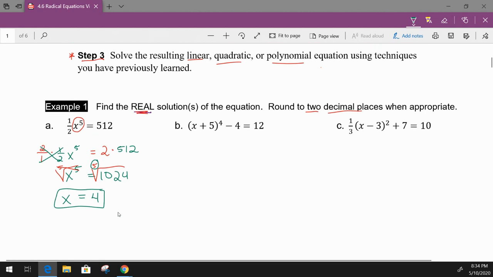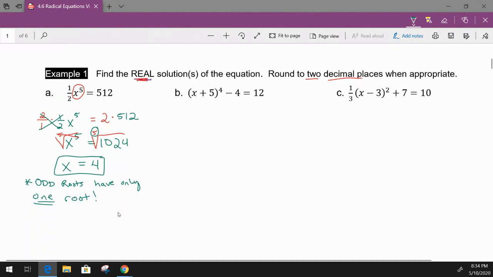So odd roots, I'm just going to make a note here. Odd roots have only one root. So if you are taking an odd root, so if this is an odd number, and you have a positive radicand, you will get a positive root or solution.